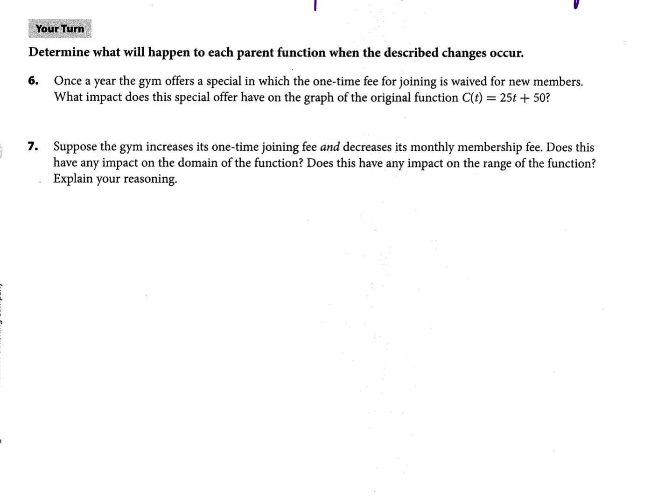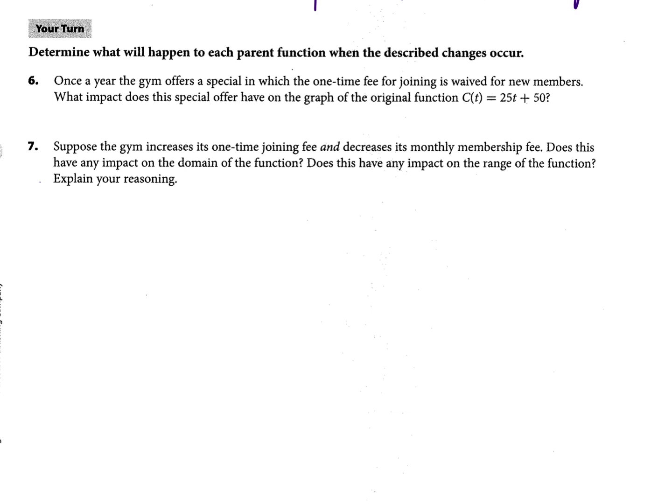Determine what will happen to each parent function when the described changes occur. Once a year, the gym offers a special in which the one-time fee for joining is waived for new members. What impact does this special offer have on the graph of the original function, C of t equals 25t plus 50?